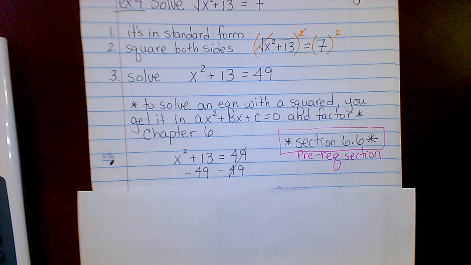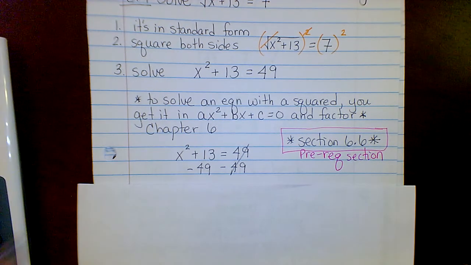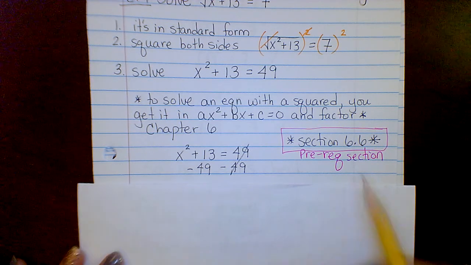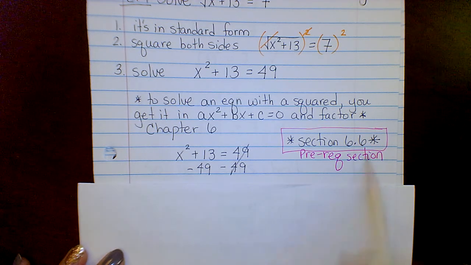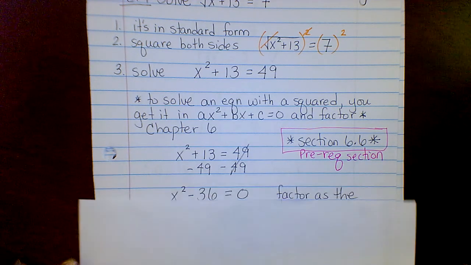Now you can also use the square root property, which we learn in chapter 10. If you already happen to know that one, then that's awesome. You can go ahead and skip to it. But for now, we assume that you only know the stuff from these prerequisite sections, which is all about factoring. So I'm going to get everything on one side and get it equal to 0.